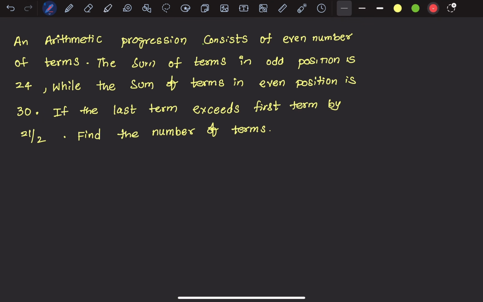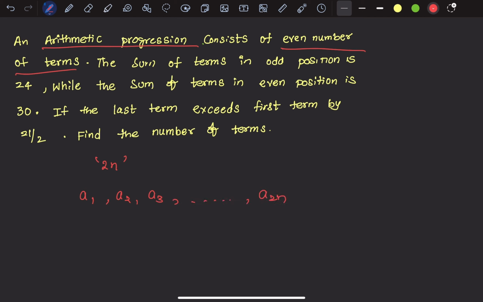So let us proceed to the next question. This question is from the topic progressions. You have an arithmetic progression that consists of an even number of terms. Let us say the number of terms is 2n. So a1, a2, a3 and so on up to a2n are the terms.